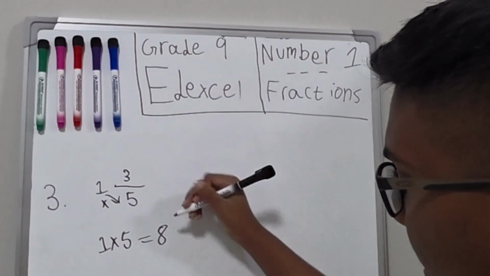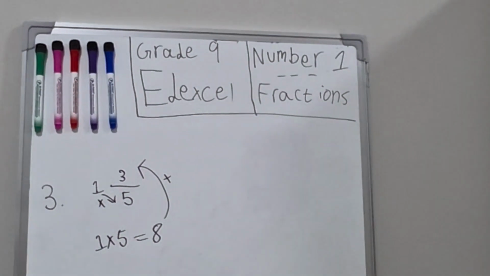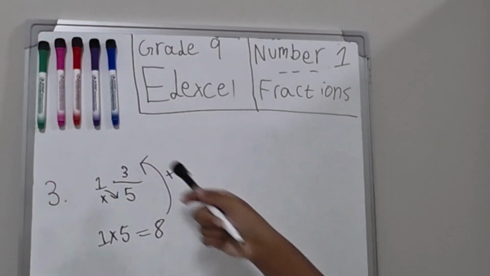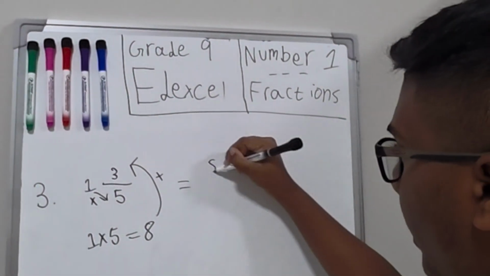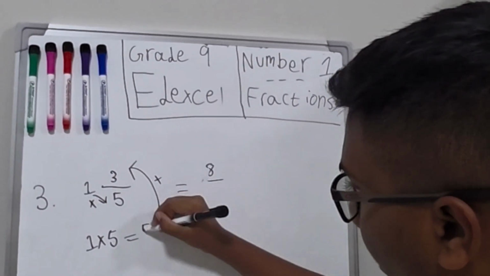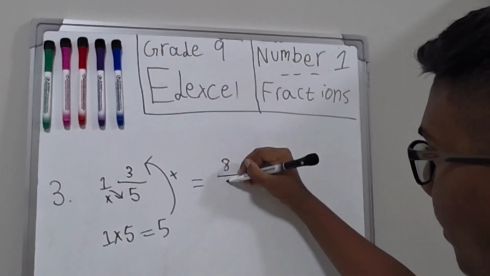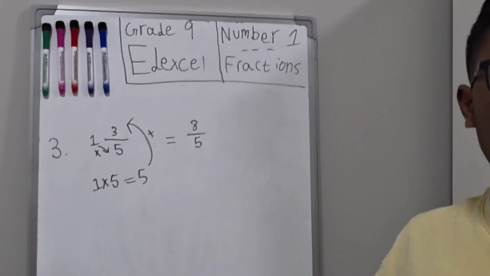So you would take the 5 and add it to the numerator. So multiply by the bottom value, take the product and add it to the numerator. In this case, you will get 5 plus 3, 8 divided by 5. And there you have it, people.